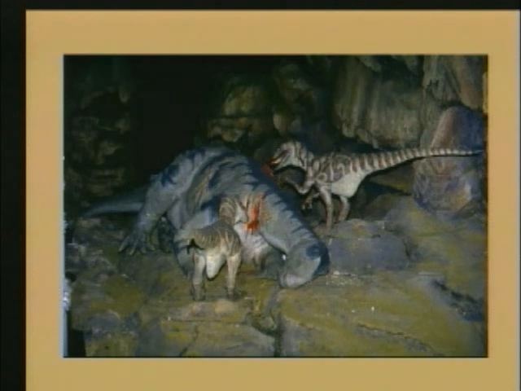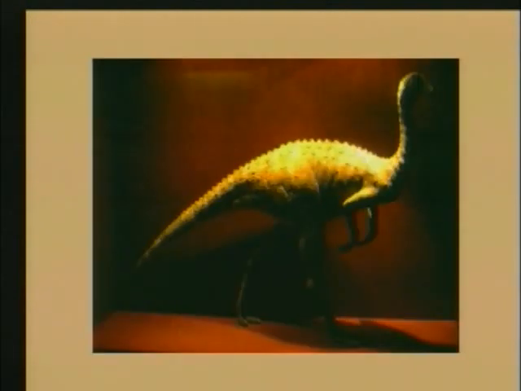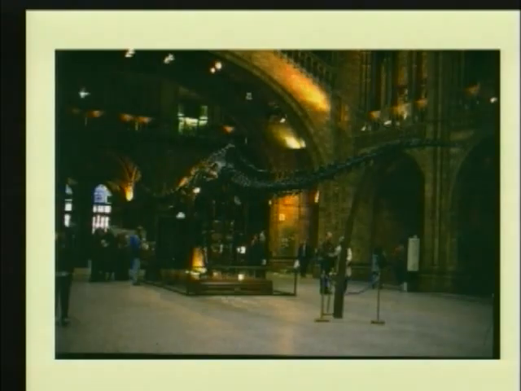If you go to the museums of the world, this one comes from the British Museum of Natural History in London, you will find their displays of dinosaurs as bloodthirsty animals tearing and ripping at each other's throats. And they will show you that the dinosaurs ranged in size from very small, just slightly bigger than a chicken, to gigantic like this Brontosaurus over here.